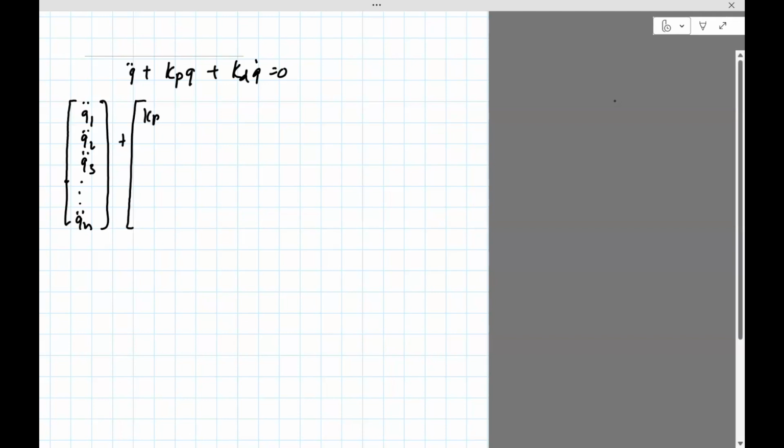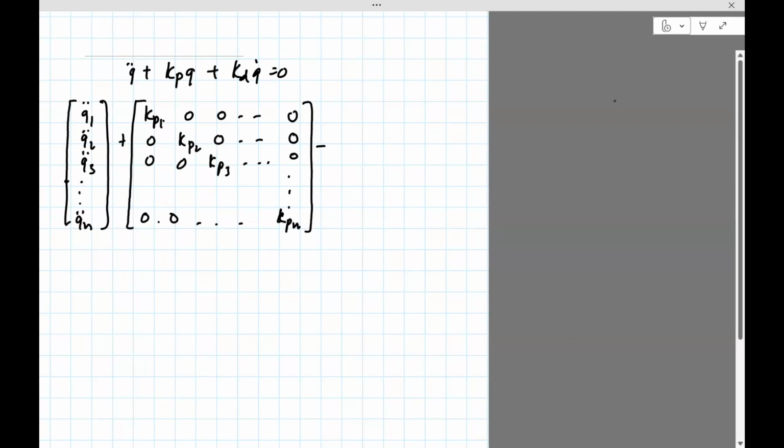Kp is actually Kp1 and all zeros, Kp2 and then all zeros, Kp3, all zeros, and so on, Kpn, and then this will be multiplied by Q1, Q2, Q3, so on till Qn.